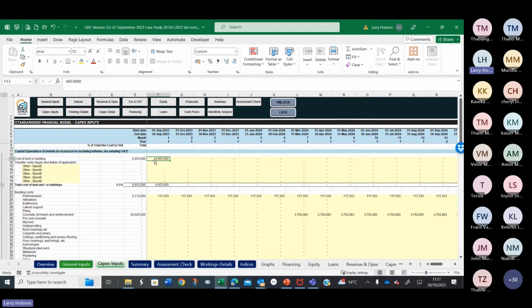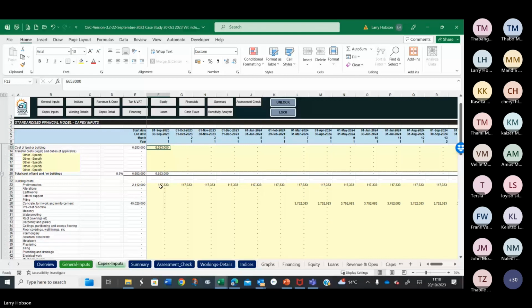So in terms of this project that we just used as the arbitrary case study, there was a cost of land of 6.6 million in there. And I don't think that would be 20% of our project if we bring the land into the project. So we might hit a snag. We might have to do something, but let's move on.